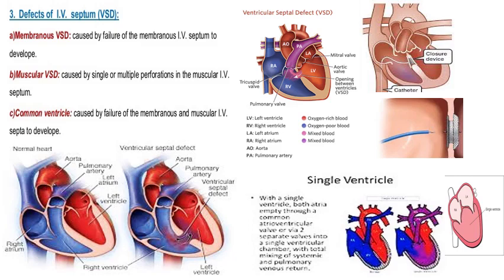Here again there is a mixing of oxygenated and deoxygenated blood, and there are differences in the systemic and the pulmonary circulation, which will lead to other major problematic conditions.